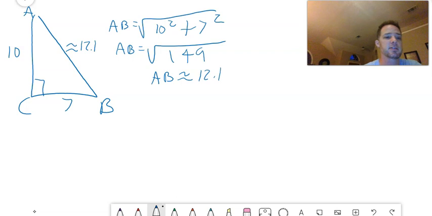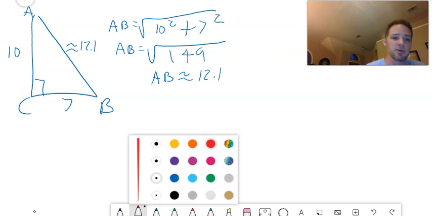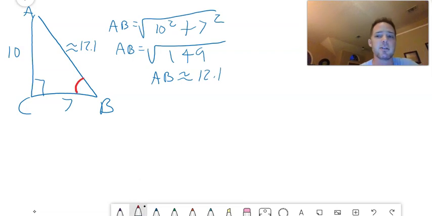From here, if you want to solve for an angle, let's say I want to solve for this angle right here, you're going to need to use an inverse trig function, and you need to find two sides that you do know to help you solve for your unknown angle. So the sides that I know for sure are correct are the given ones, and from my angle B, this is the opposite side and the adjacent side. So the tangent ratio is which piece uses opposite and adjacent.